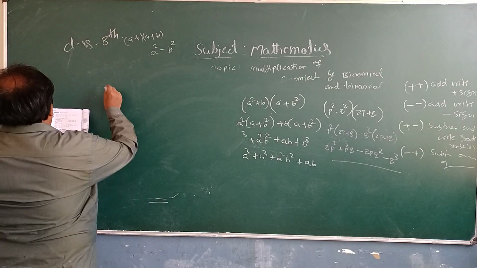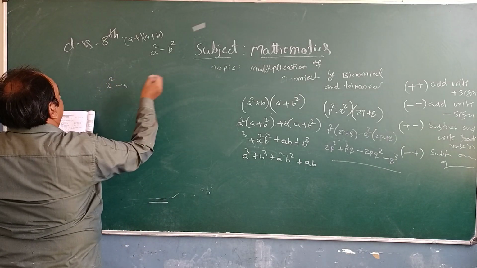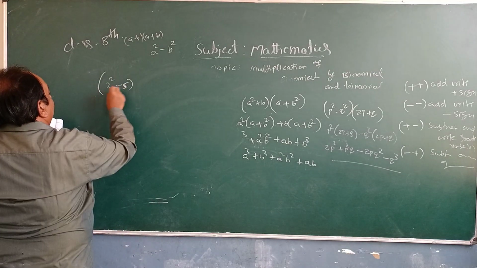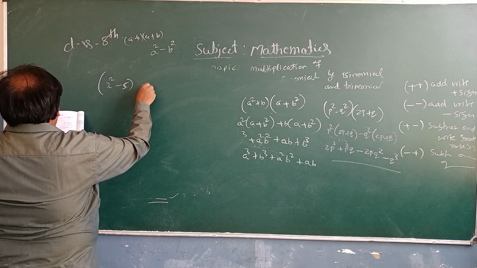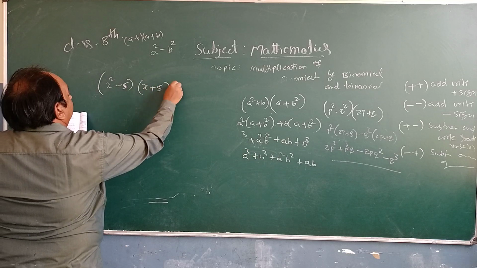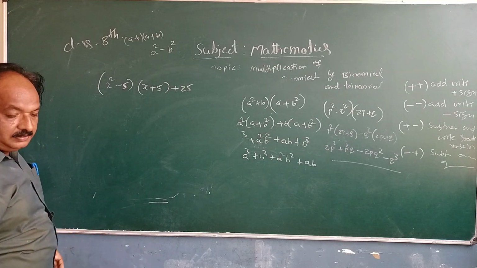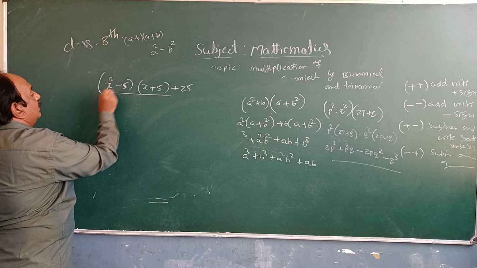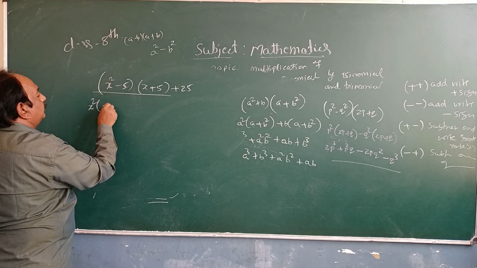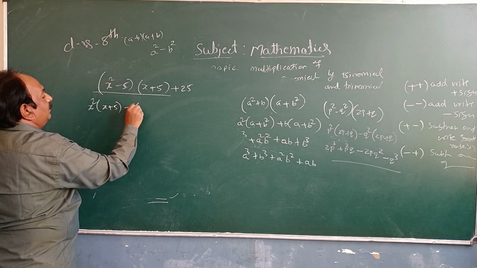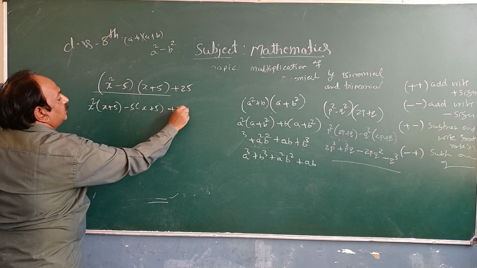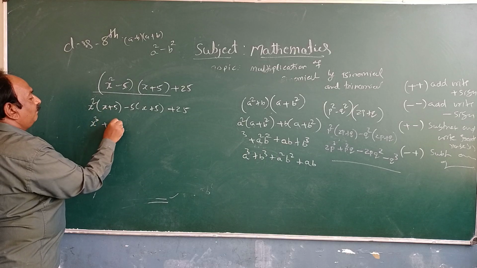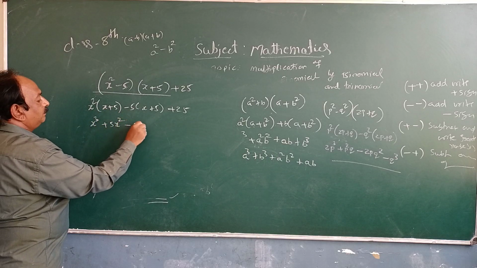Simplify (x square minus 5) into (x plus 5) plus 25. So do the general multiplication. x square into (x plus 5) minus 5 into (x plus 5) plus 25. x square into x, x cube. 5 into x square, 5x square. 5 into x, 5x.